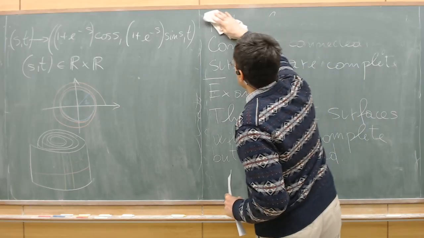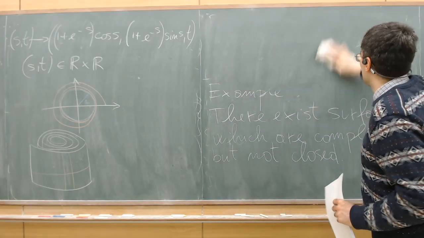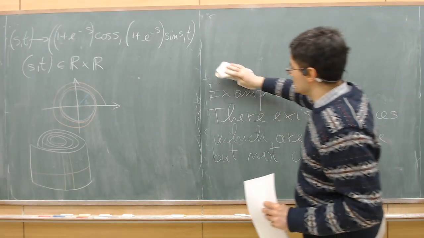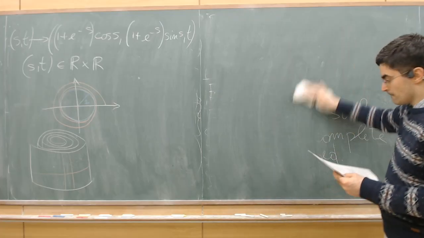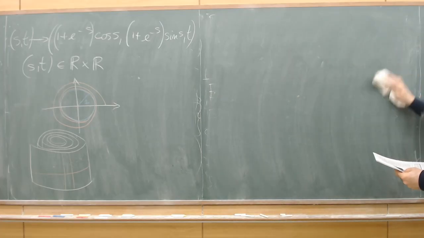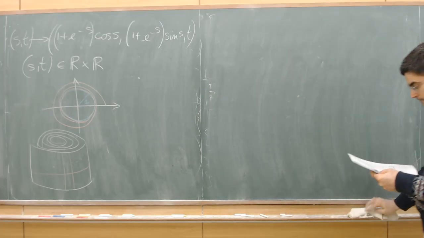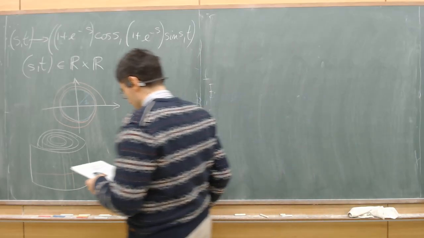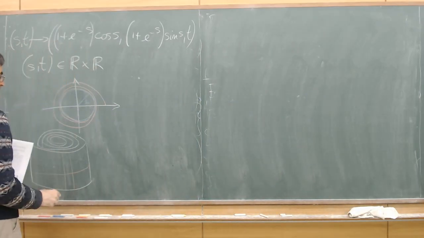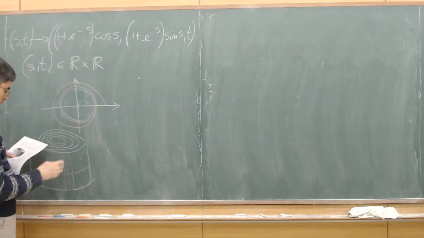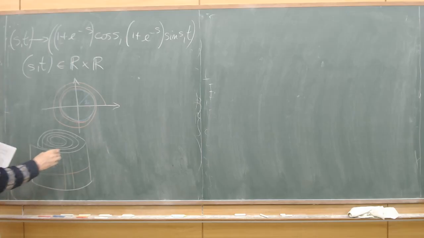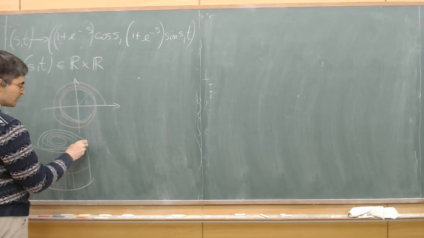Instead, why is it not closed? It's not closed because it's possible to construct a sequence of points.